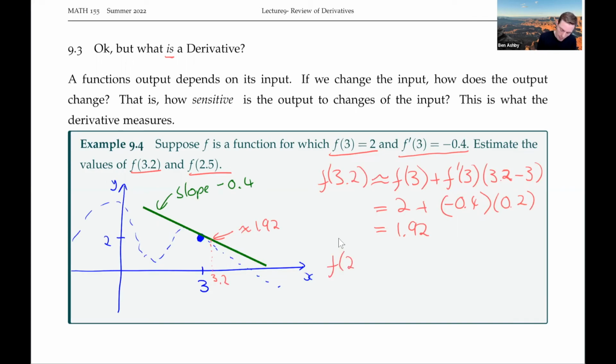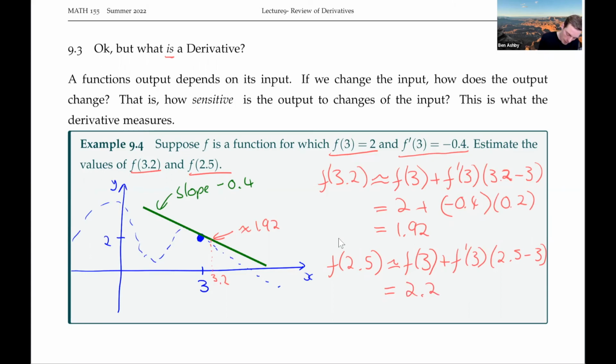Similarly, we can do the same for when x is equal to 2.5. This is going to be approximately equal to what we had when x was equal to 3, and then moving along the tangent line from 3 to 2.5, so 2.5 minus 3 here. So here, this is just going to work out to be 2.2.